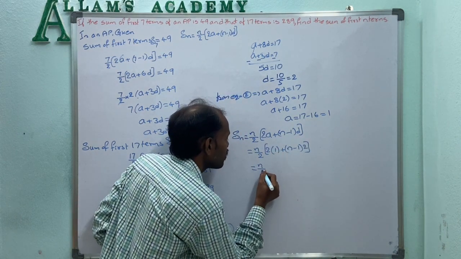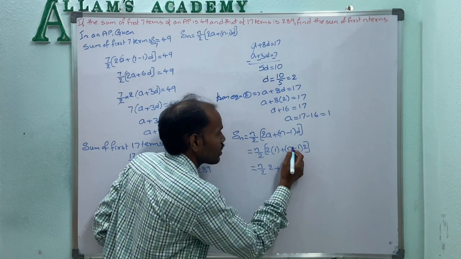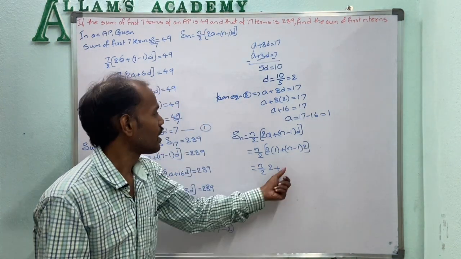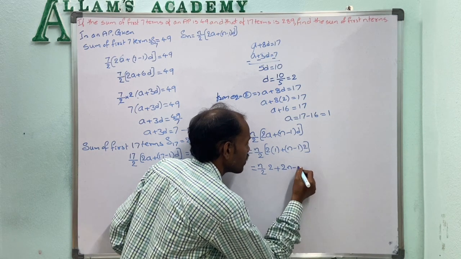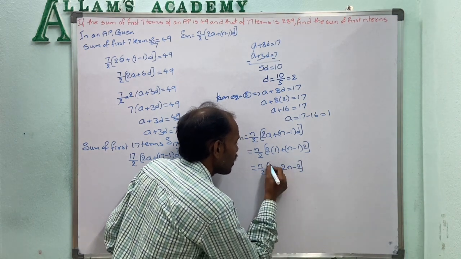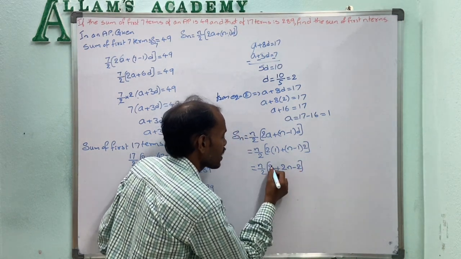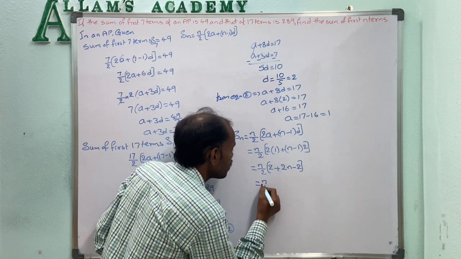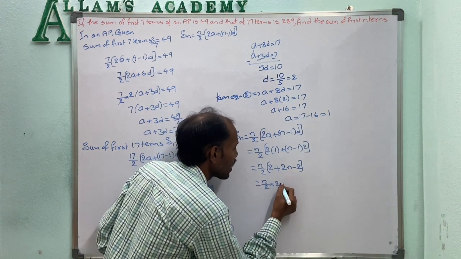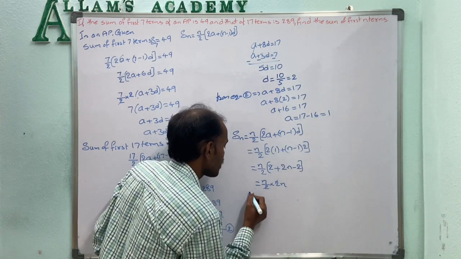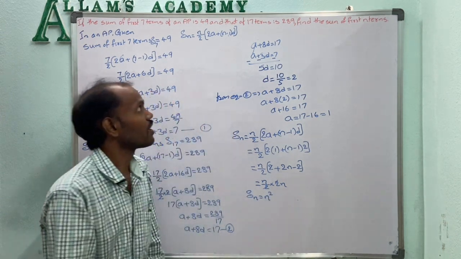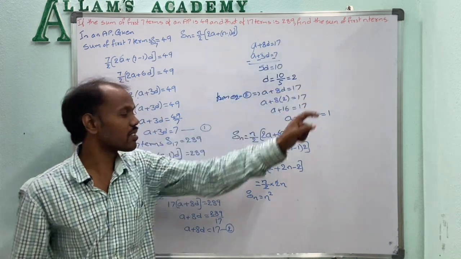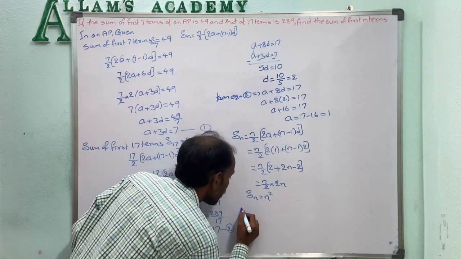So n by 2 into 2 plus n minus 1 into 2, that is 2 into n, 2n minus 1 into 2 is 2. So now here 2 minus 2 gets cancelled, that is n by 2 into 2n. So 2 gets cancelled. So n into n is nothing but n square. So the sum of first n terms is n square.